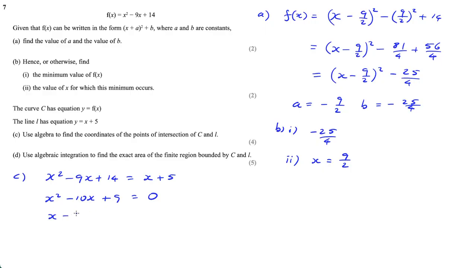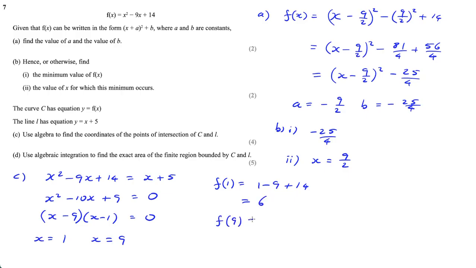We can factorize this nicely, guys. This is x minus 9 times x minus 1 equals 0. Therefore, x equals 1 and x equals 9. Now be careful, he wants the y value as well. So for x equals 1, f of 1 is equal to 1 minus 9 plus 14, which is minus 8 plus 14, which is 6.